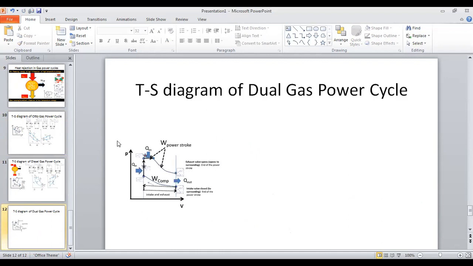Again, you can see the same four processes, with TS changes.